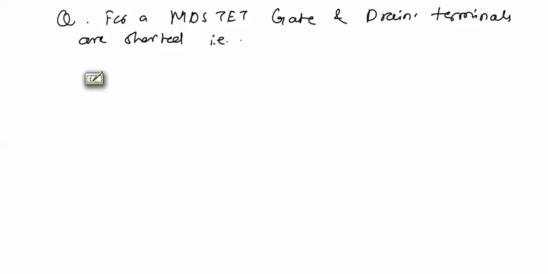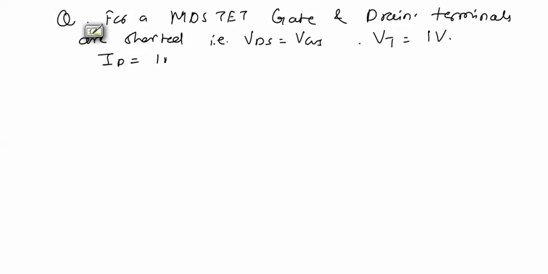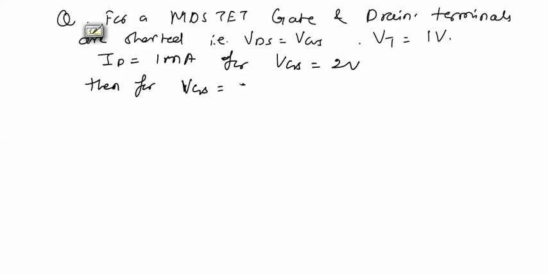That is VDS equal to VGS, VT equal to 1 volt, and ID equal to 1 milliampere for VGS equal to 2 volt. Then for VGS equal to 3 volt, ID equal to what? This question was asked in GATE 2004.